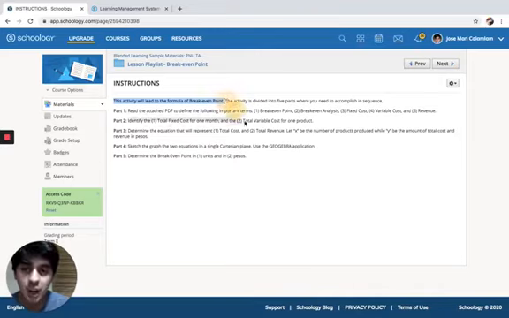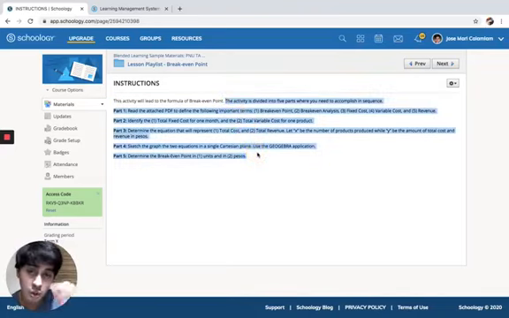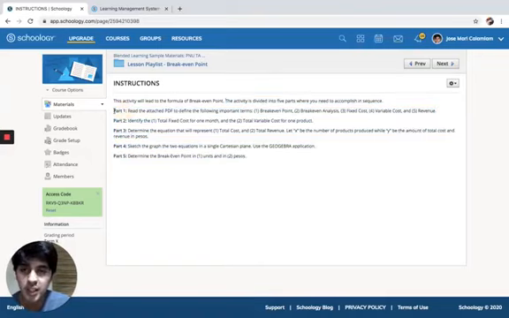And then we have a very comprehensive and long set of instructions. In this partial discovery, you will have part 1. Part 1 is to read the attached PDF to define the following terms.